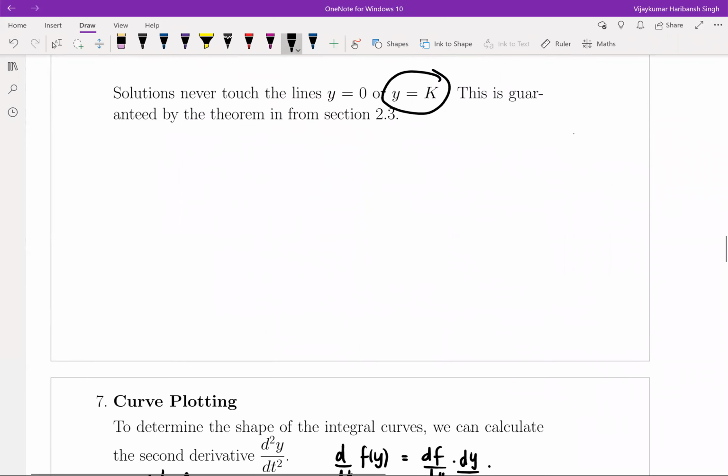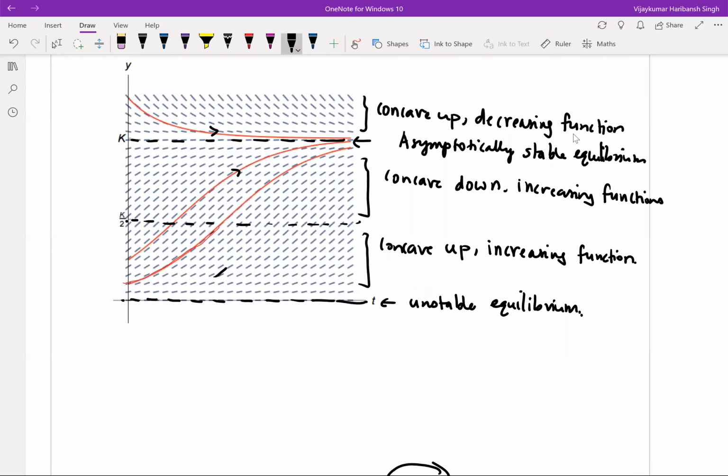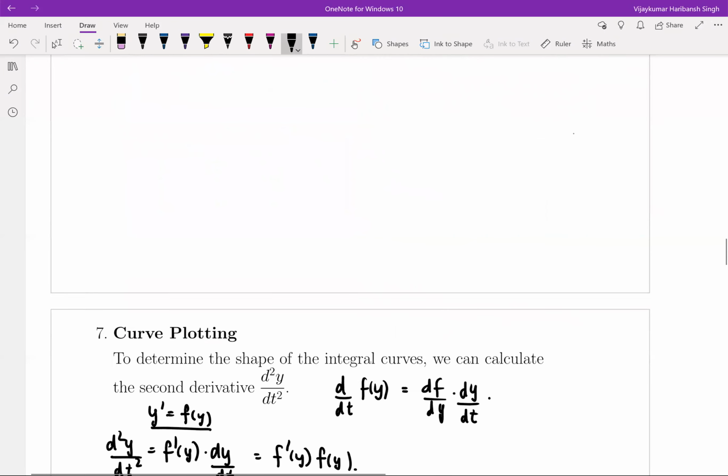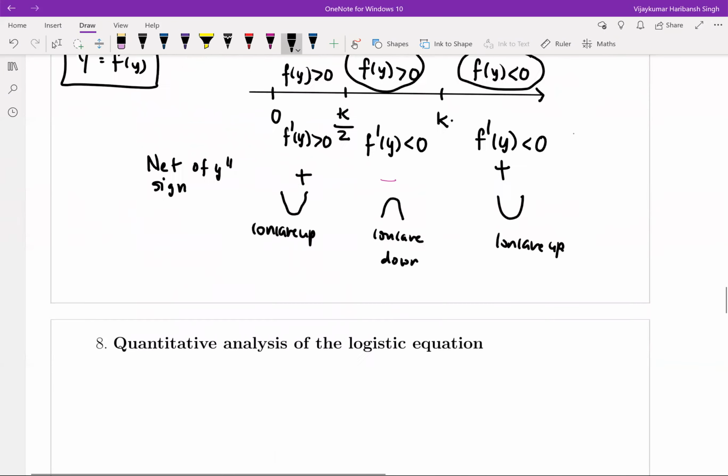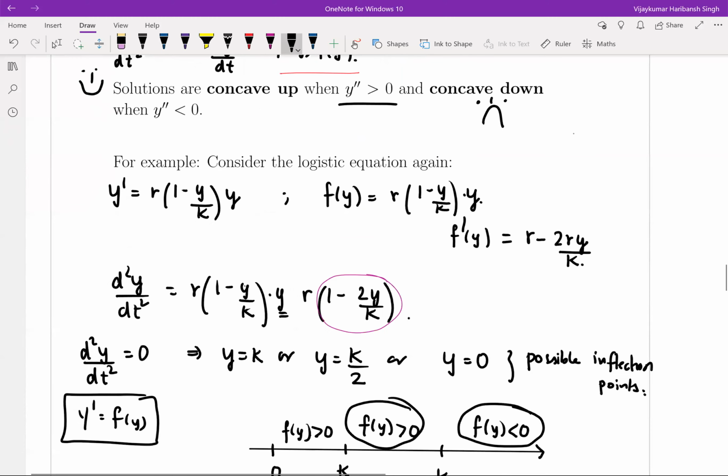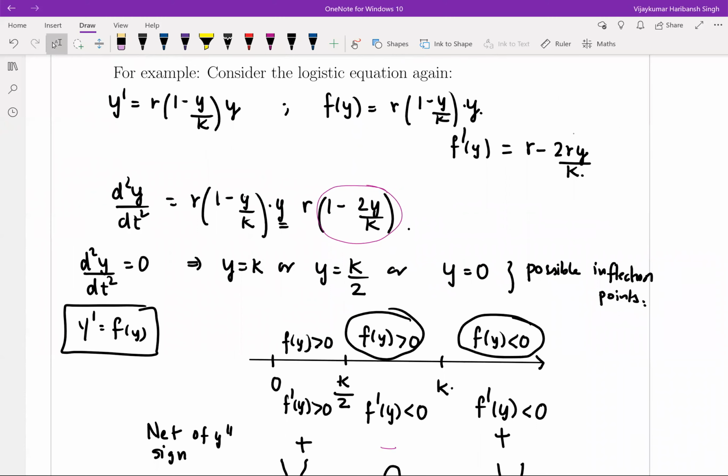And then you have the stable equilibrium point, which is k, and the unstable equilibrium, which is 0. So if you had the phase lines, you could make sense of the nature of the integral curves without having to compute the direction field at every point.